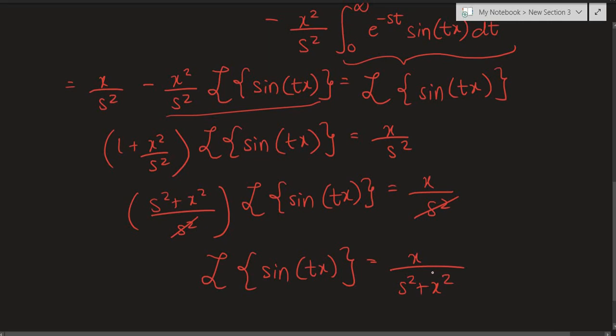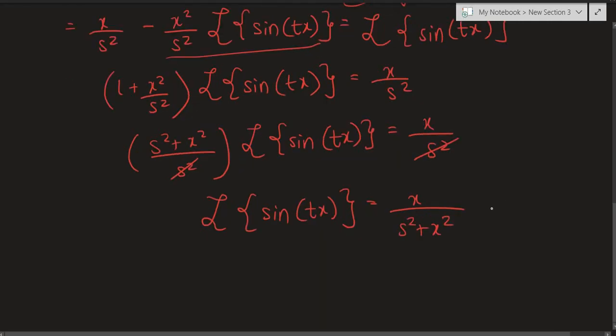And I had specified well before that the Laplace transform is always going to be another function, but it will be a function of s. Since we put input t, we'll get out an output of a function of s. So nice, we have our Laplace transform of sine of tx.